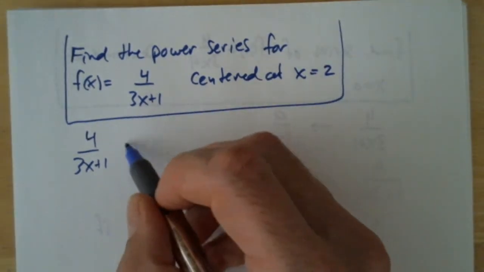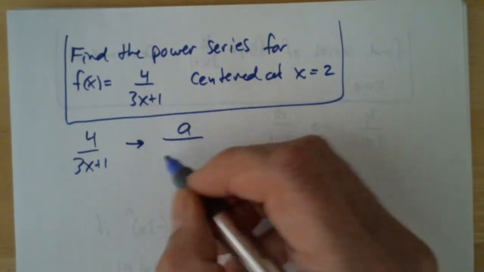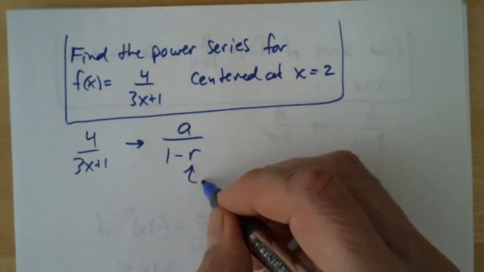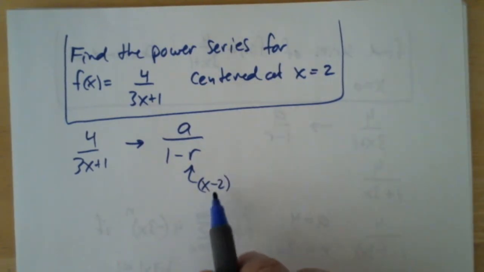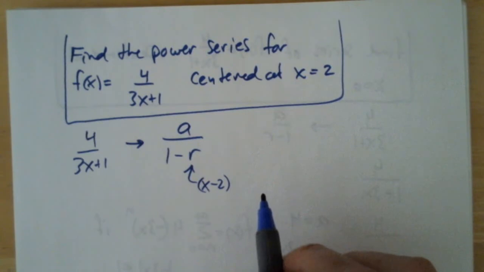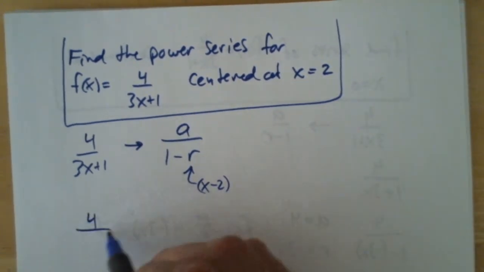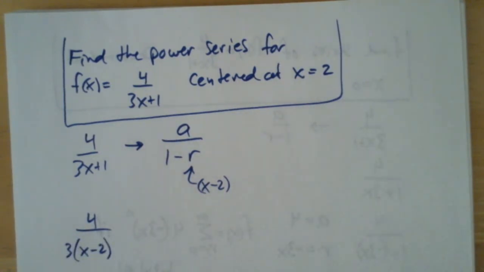That means our goal is going to be a over, it's still 1 minus r, but this r has to be an x minus 2. By having x minus 2, that means it's centered at 2, and we're going to just put it where we want it to be.